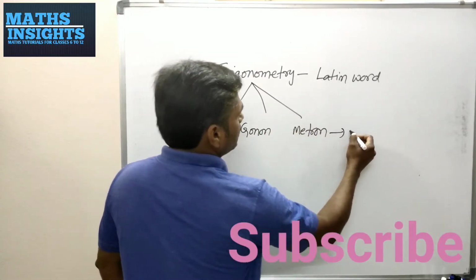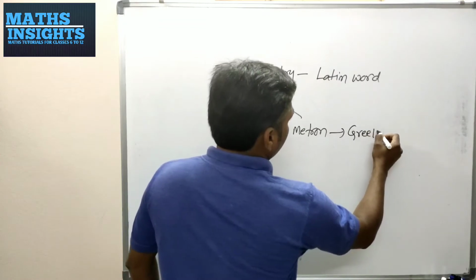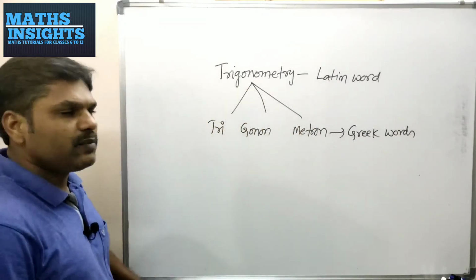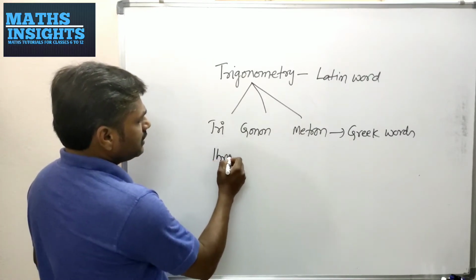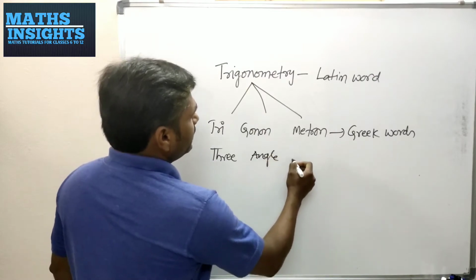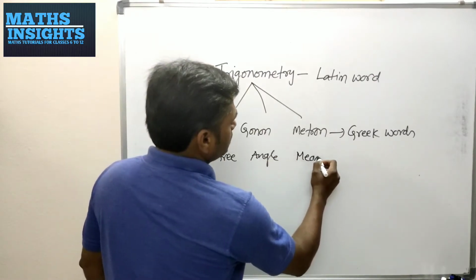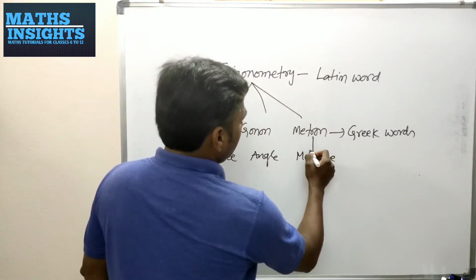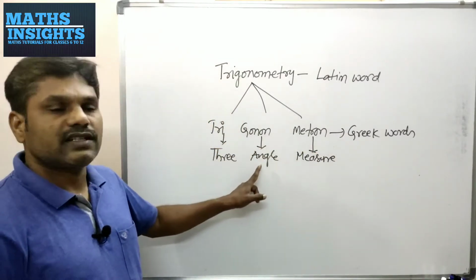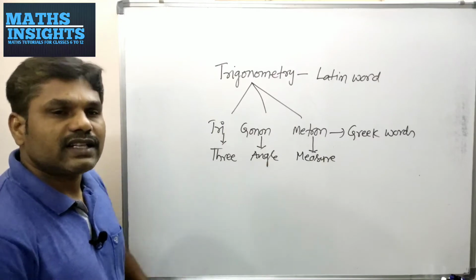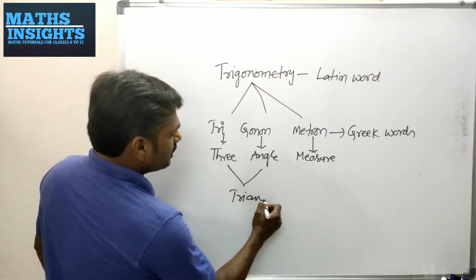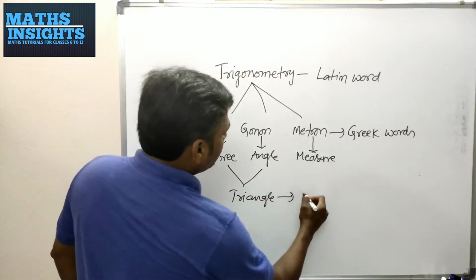These are Greek words. And you know, tri means 3, gonon means angle, metron means measure. If you combine these words, it will become triangle measure.